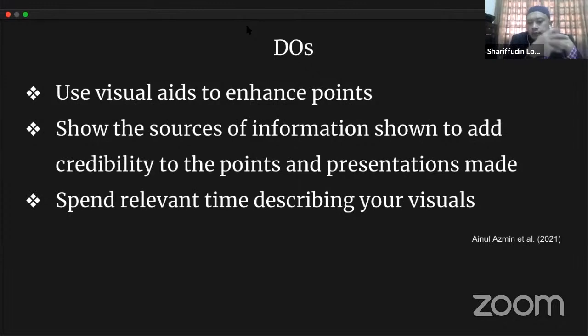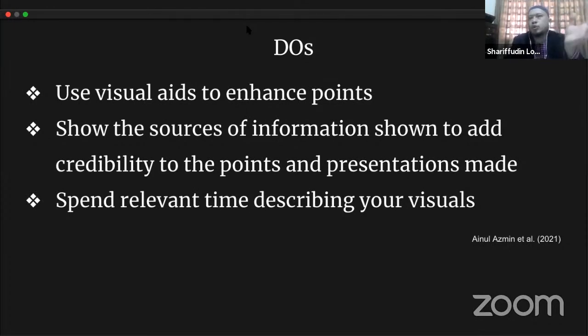If it's like this one, I've taken it from a book like Workplace Communication for Graduating Students by Azmin and other writers. You have to give nama dia orang kat situ, okay? So that these are their points. So we're just borrowing it, okay? Just borrowing it.